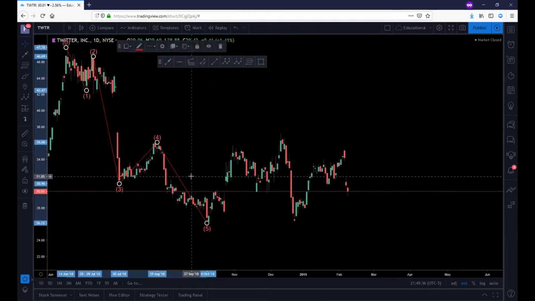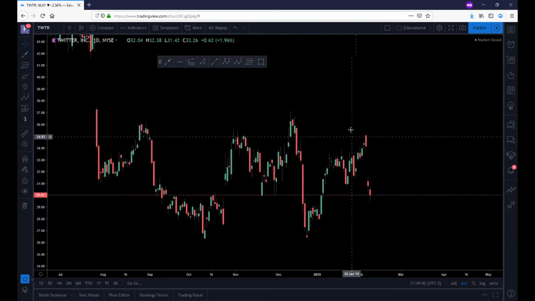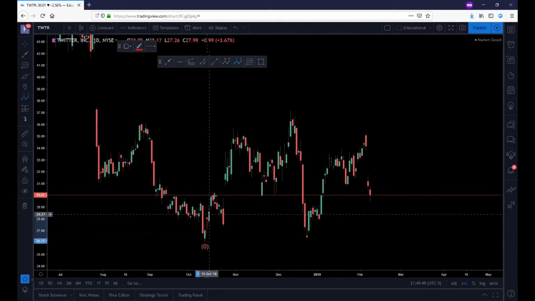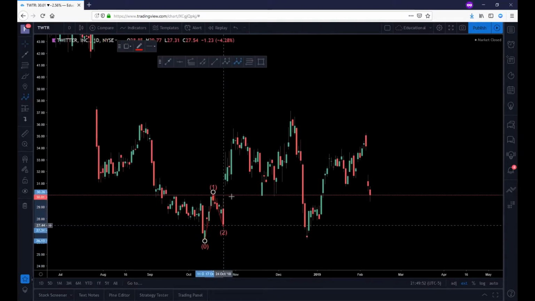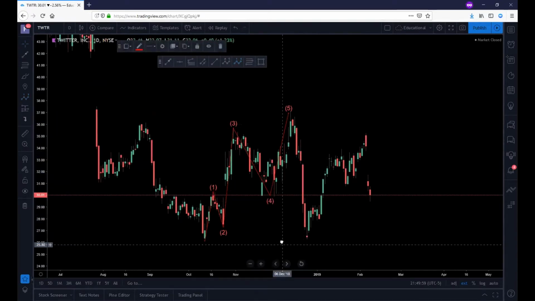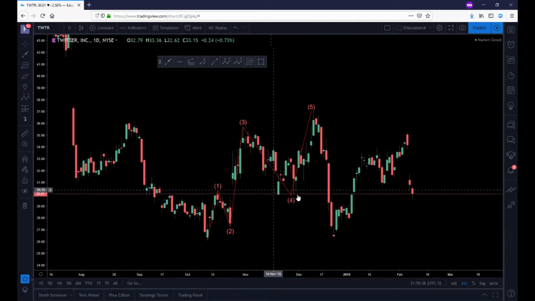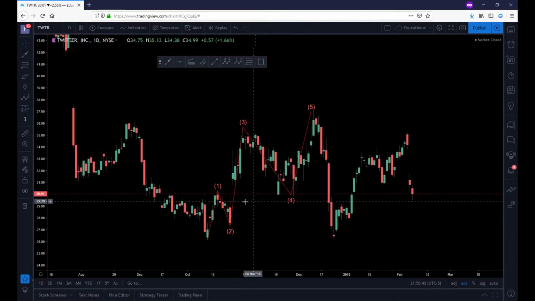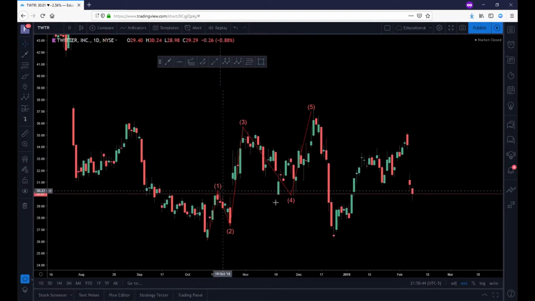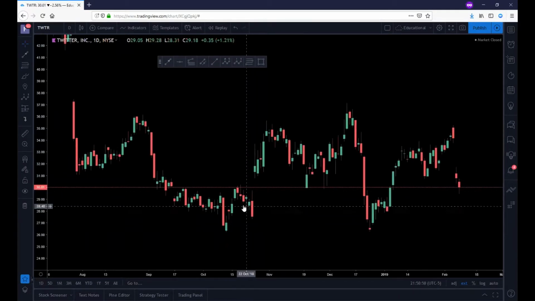So what are the relationships between each wave, and how do you check that you have the right count? Let's take a look at this. So can we determine that this is a wave 1, a 2, a 3, a 4, and a 5? No, we cannot. As you see, wave 4, the proposed wave 4 rather, goes past the end of wave 1. So what can these be? Well, this has a 3-wave shape structure.